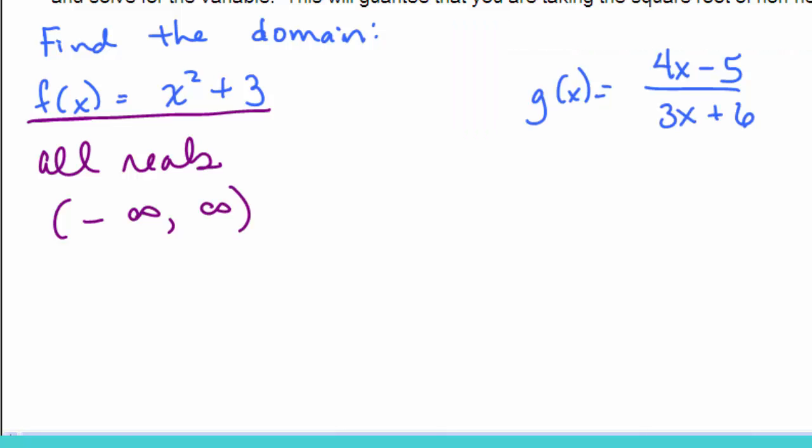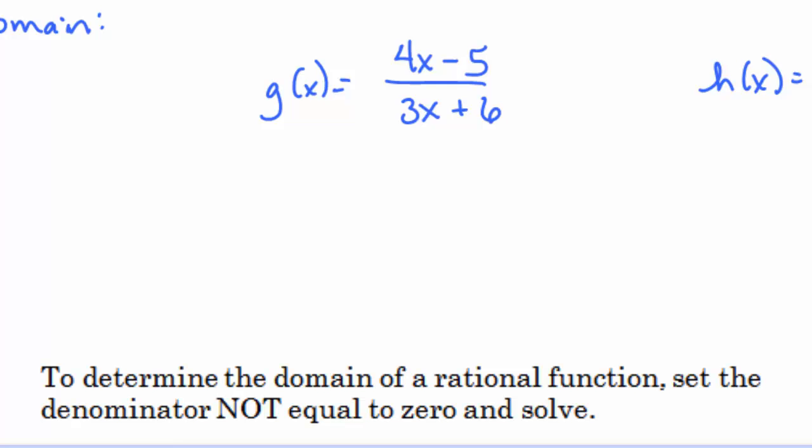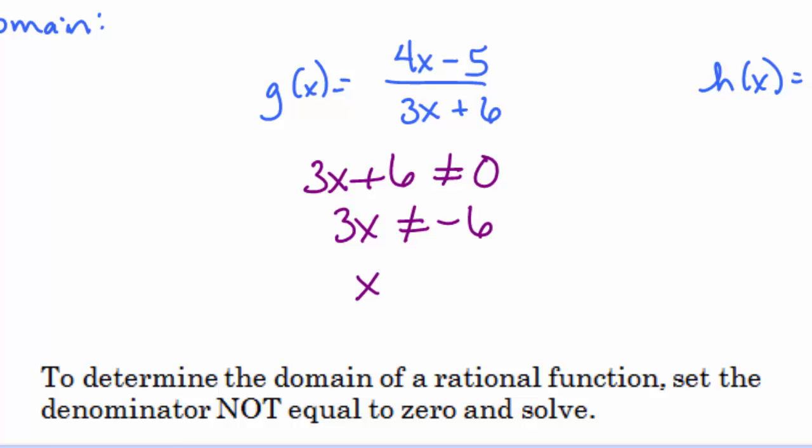Okay, now let's look at g of x. What do we have? Well, we have a fraction. So we're going to go back up to here and read the directions. And it says that we need to set the denominator not equal to 0, and we need to solve for the variable. And these are the values that the domain cannot contain.